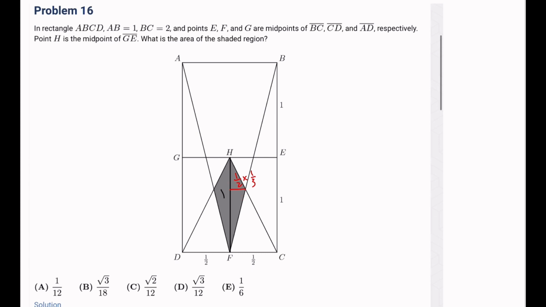So that would be 1/2 times 1/3. That would be 1/6, and this length is 1, as mentioned previously. So the area of the shaded region is just 1 times 1/6. So it's 1/6. The answer is E.